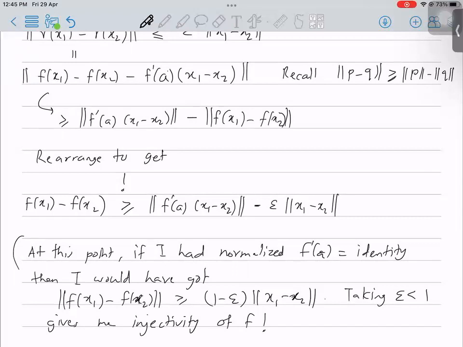Okay, so I'm stymied a little bit because of this f prime of a. Can I just take f prime of a as a common thing outside? Can I just say that norm of f prime of a is, so just think about it. It's not a number, right? It's an operator. So can I take it out?